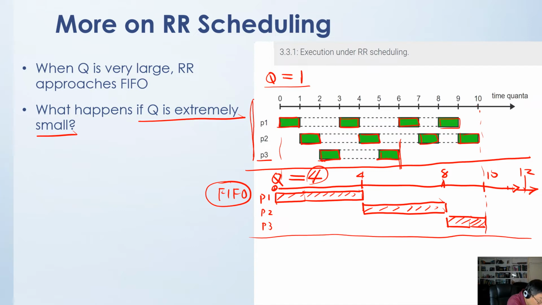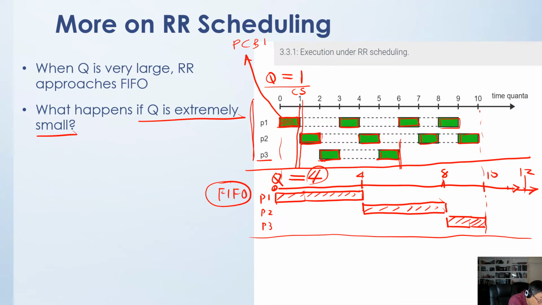When P1 completes its quantum, the round robin is going to switch the process from P1 to P2, right? When you do the switching, there is a context switching time. Remember the context switching time? It's the time that the operating system uses to save the data for process 1 into the PCB of P1, PCB 1.